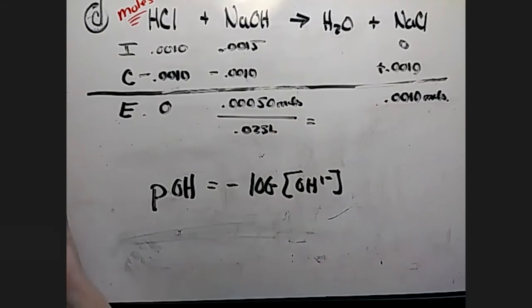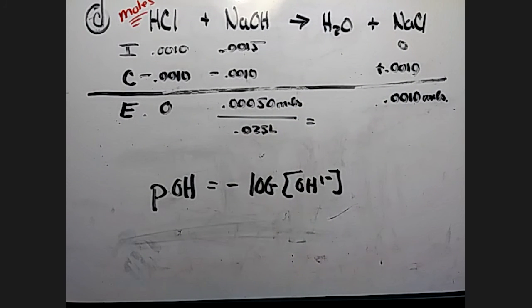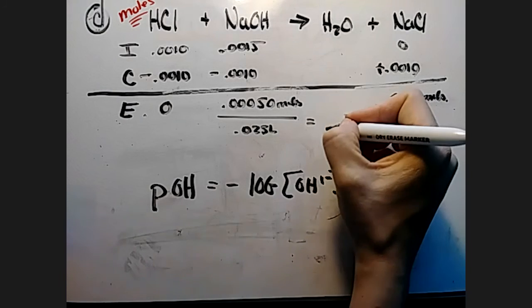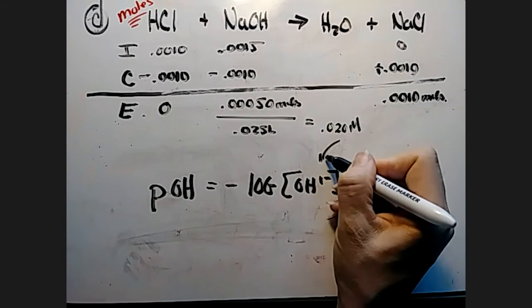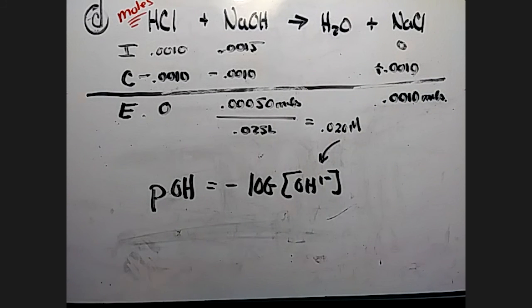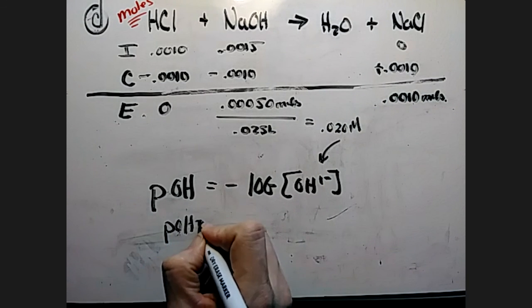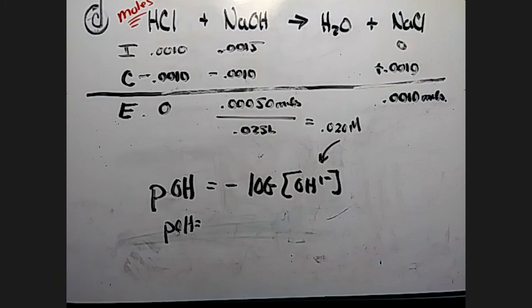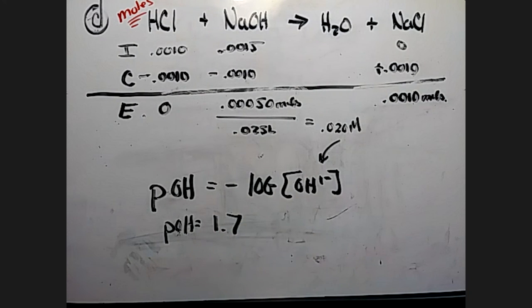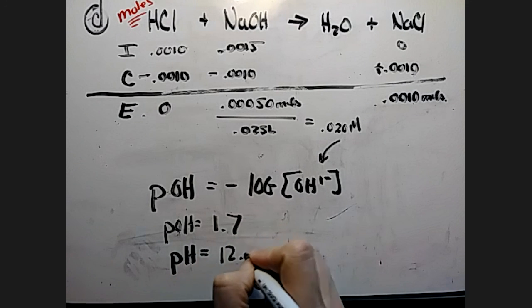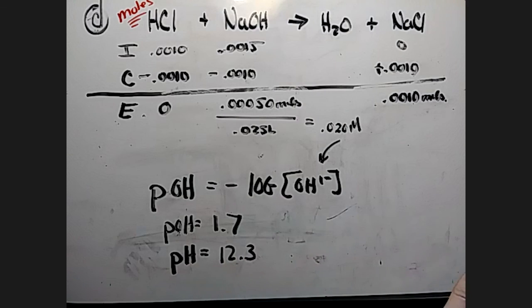The molarity of my sodium hydroxide at this point would be 0.020 molar. I'm going to plug that directly into my pOH calculation. pOH is going to end up being 1.7, and I'm going to subtract from 14 to get to my pH. That looks like it's going to be a nice solid 12.3.